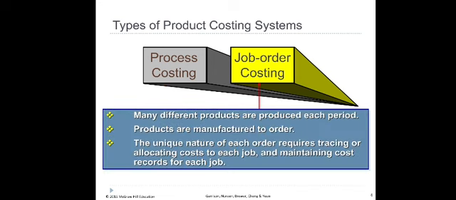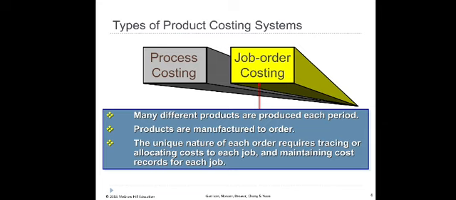Okay, in this topic, you will learn about job costing system. Let's see. What about the job costing system? A job costing system is a system that is used by a company that produces many different products in one accounting period. And the products produced by the company are manufactured to order. The company only produces the product when the company receives an order from a customer.